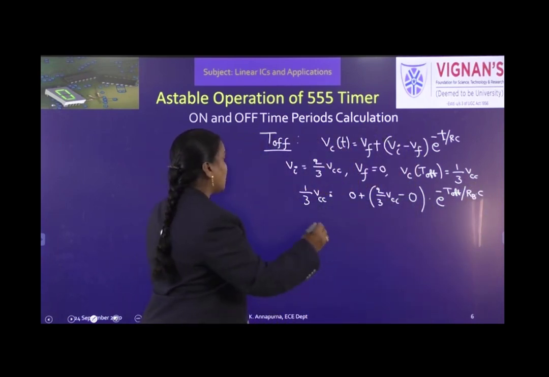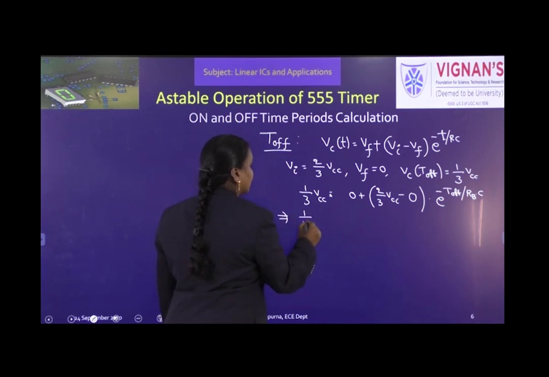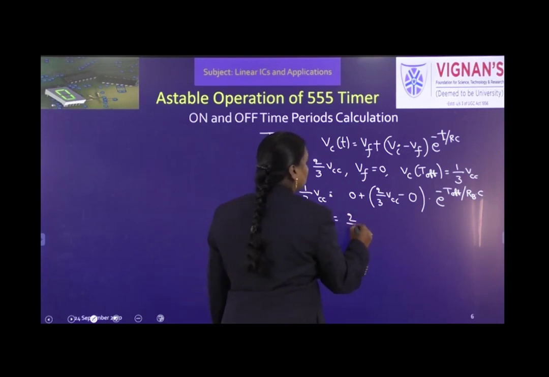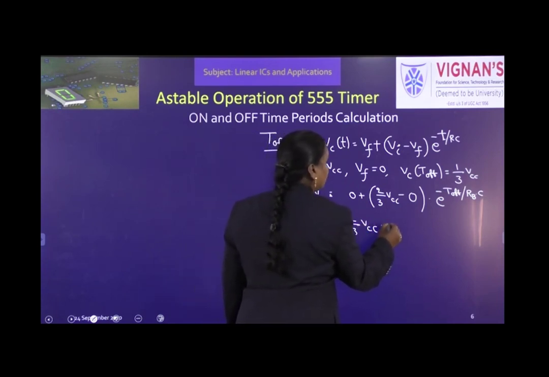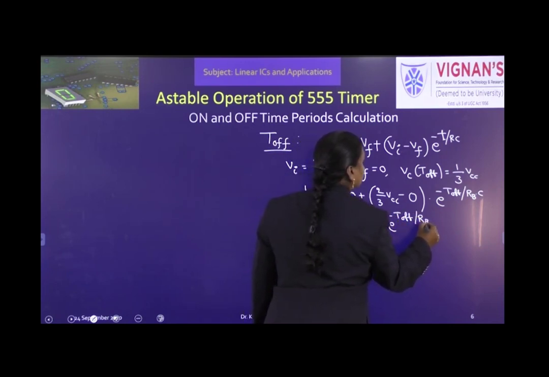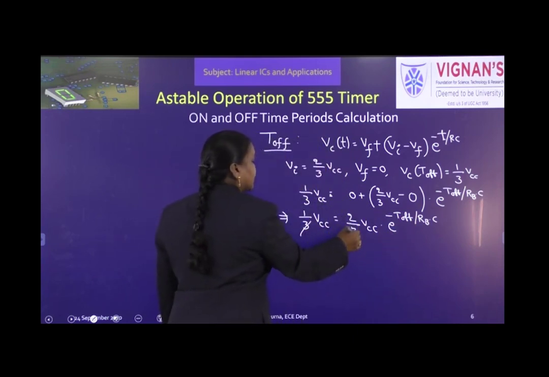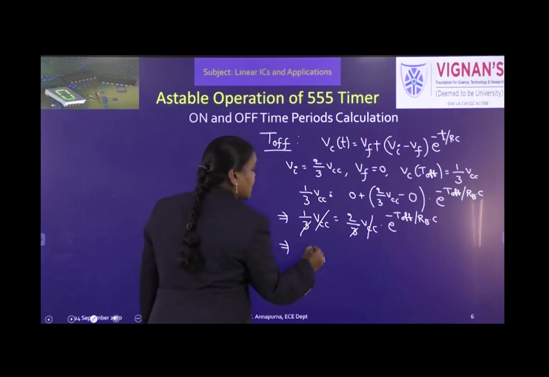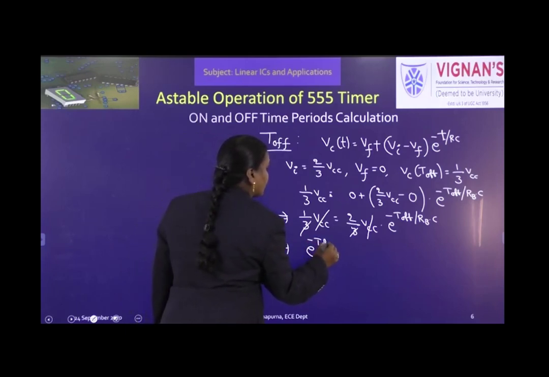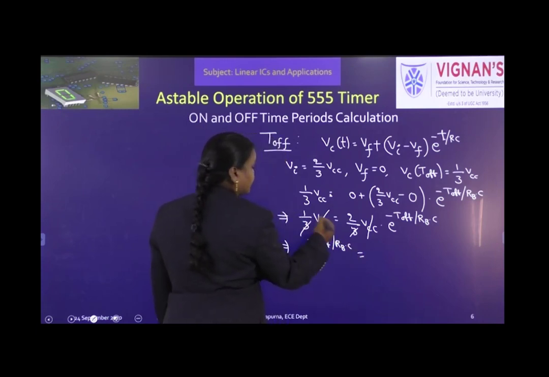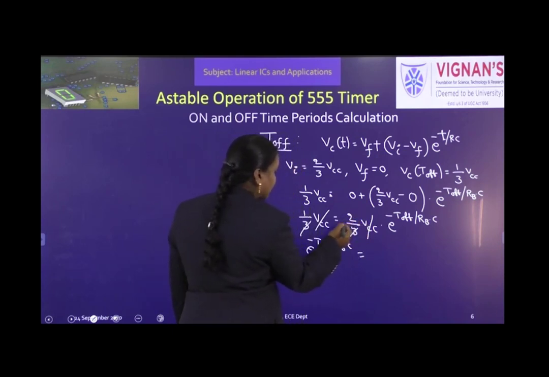Right? So now if you simplify this, 1/3 VCC is equal to 2/3 VCC into e power minus T off by RB into C. This 3 gets cancelled, VCC gets cancelled. So e power minus T off by RB into C is equal to, this 2 I am taking to the other side, so it becomes 1/2.